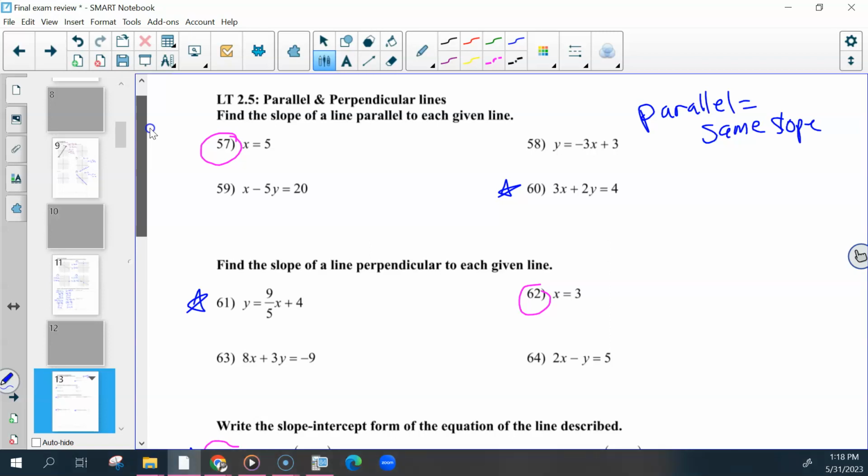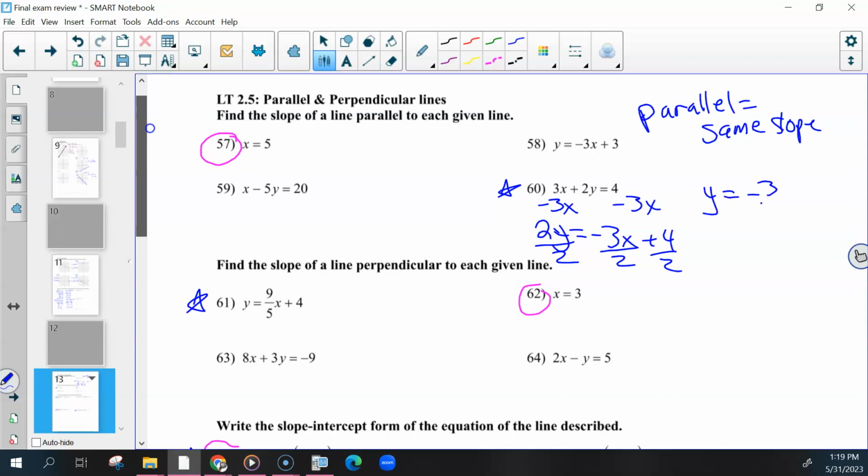We have to solve this first. Get rid of 3x by subtracting. So 2y equals negative 3x plus 4. And then divide everything by 2. So y equals negative 3 over 2 x plus 2.